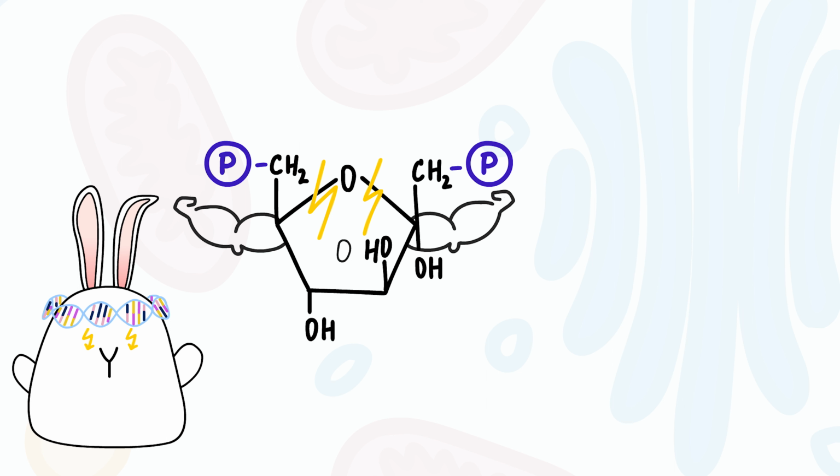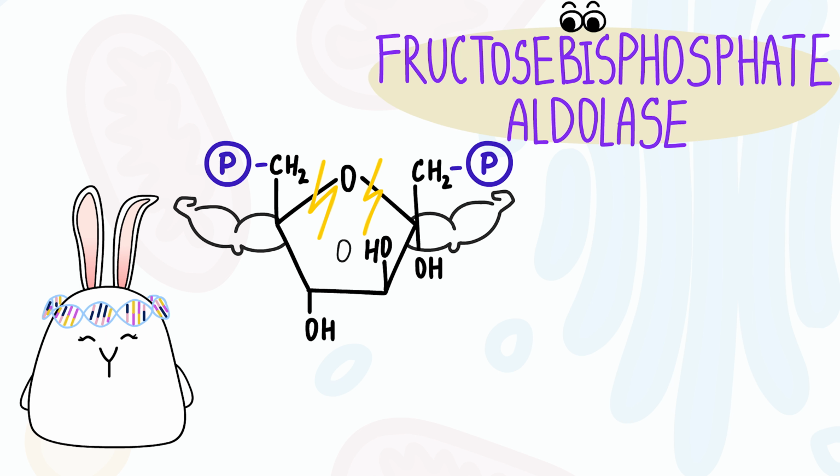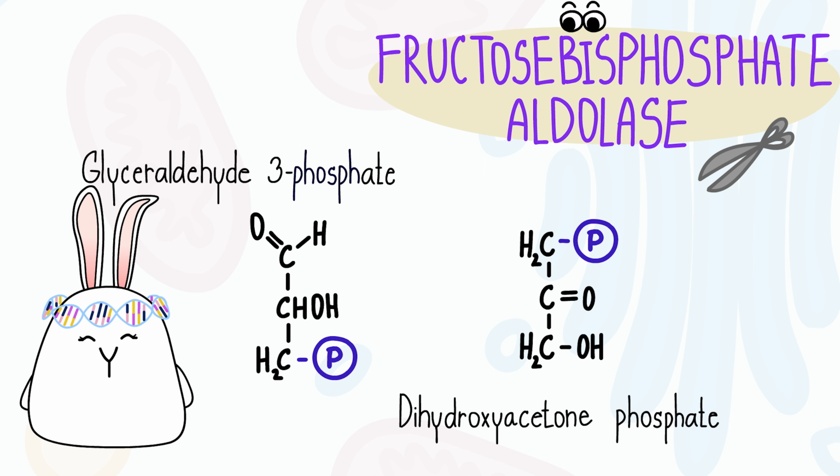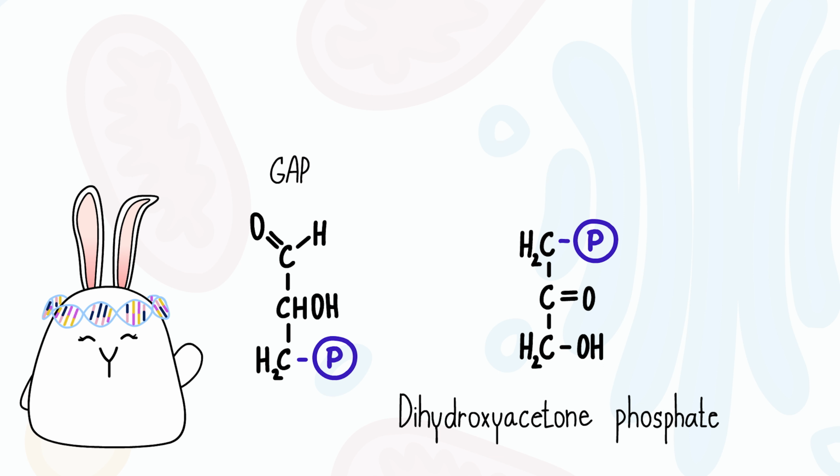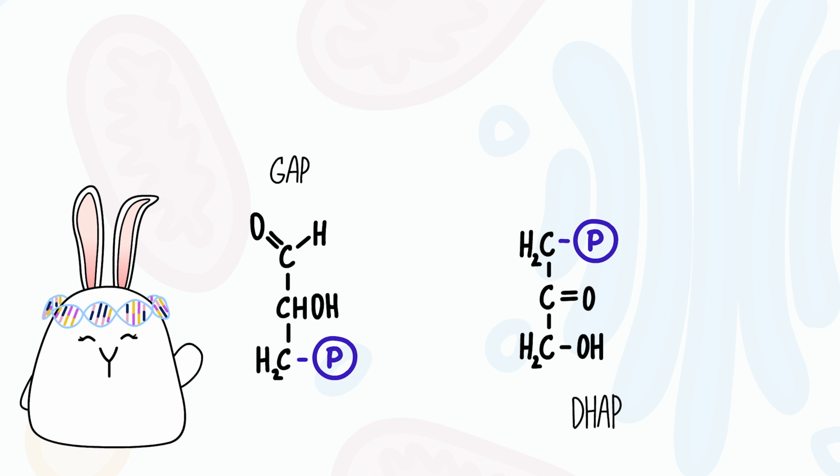At this point, fructose is really excited, almost dangerous looking. We'd better defuse it. Aldolase here is very good with emergencies. Well, now we got ourselves 2 molecules, each with 3 carbon atoms, glyceraldehyde phosphate, or GAP, and dihydroxyacetone phosphate, or DHAP.